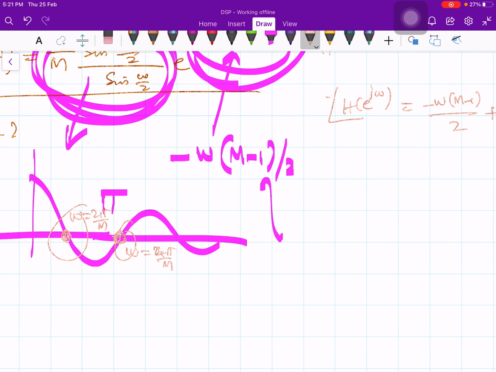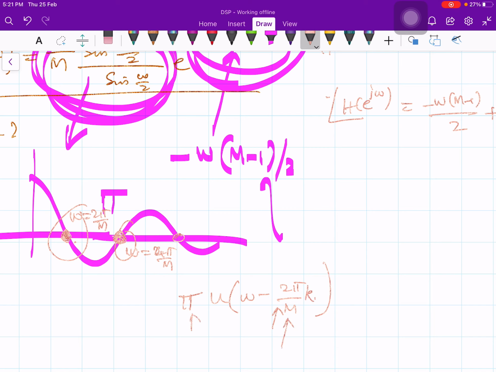You should include phase angle pi when omega comes at 2 pi by M, 4 pi by M, 6 pi by M. Therefore omega minus 2 pi by M, right? When the first 0 crosses, 180 degrees, and again the second 0 crosses, another 180 degrees.